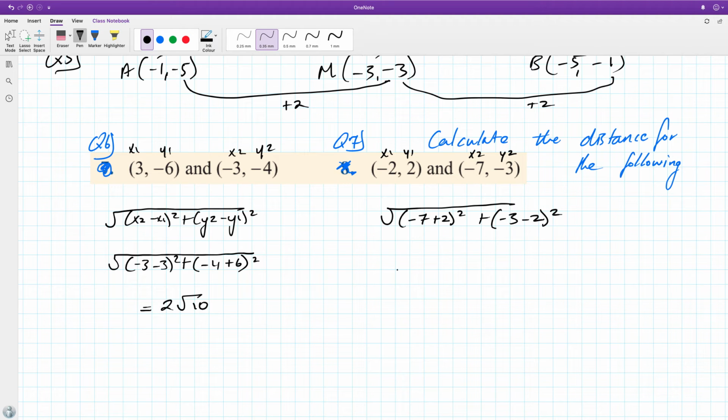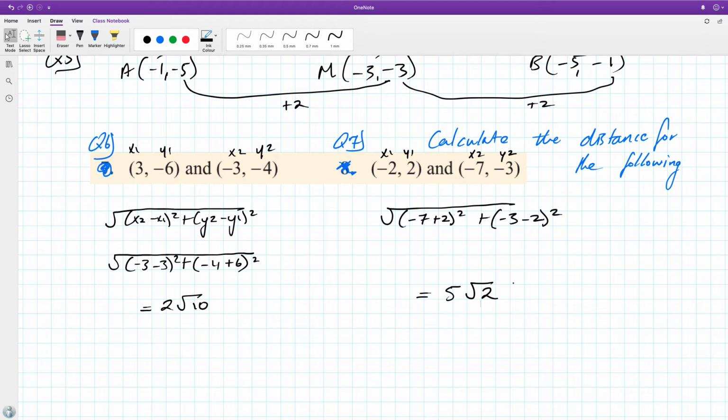That is the square root of... fire it straight into your calculator: square root of (minus 7 plus 2) squared plus (minus 3 minus 2) squared. That's 5 root 2. 5 square root of 2.